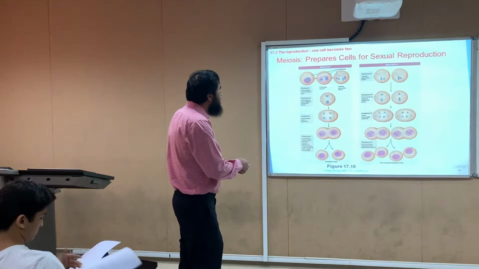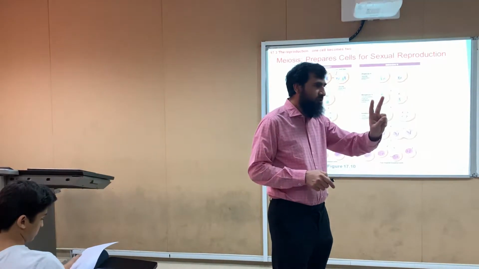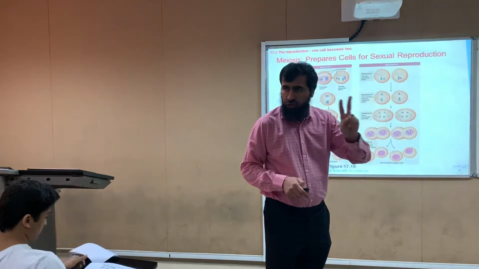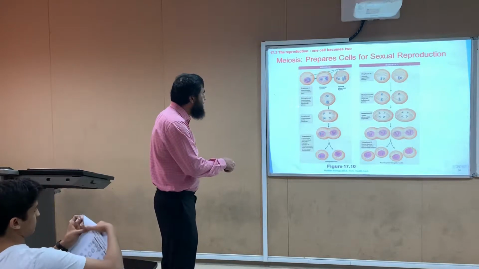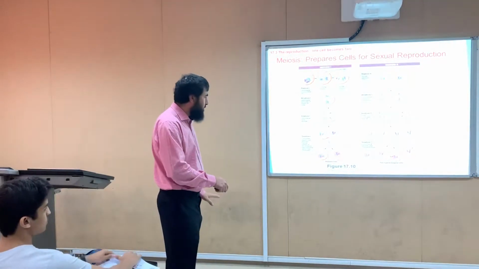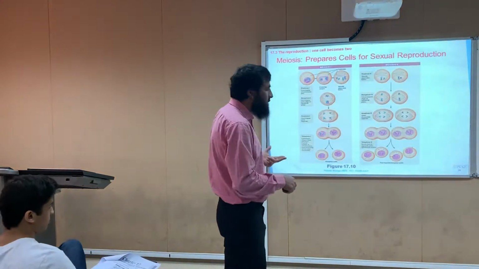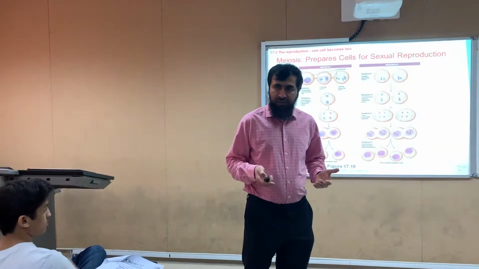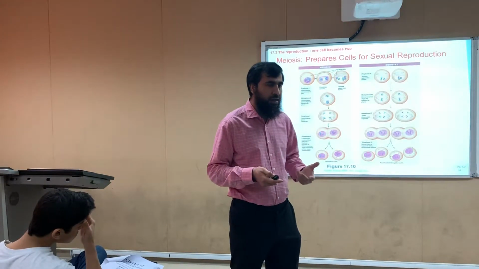So meiosis is divided into 2 divisions, which we call meiosis 1 and meiosis 2. We still have prophase, metaphase, anaphase, and telophase with cytokinesis. The steps are the same. You get DNA duplication in the S phase, so before meiosis 1 there is duplication of the DNA.